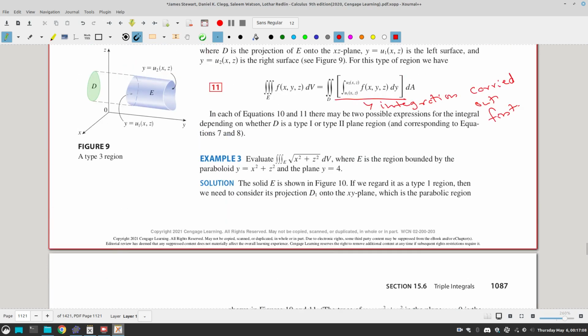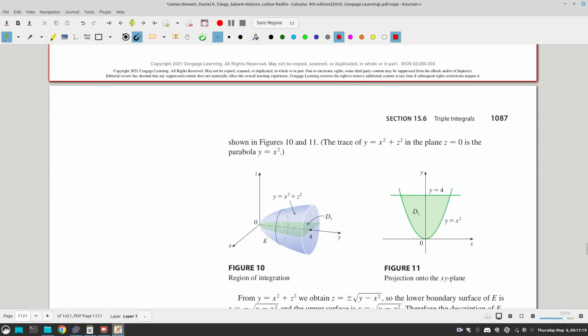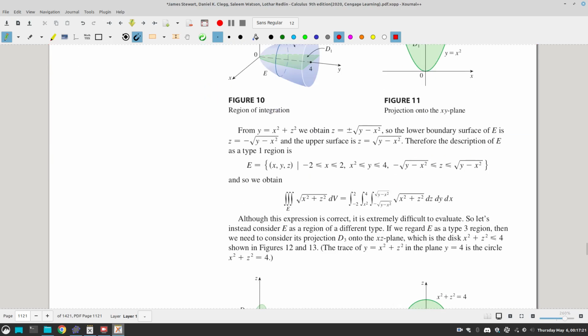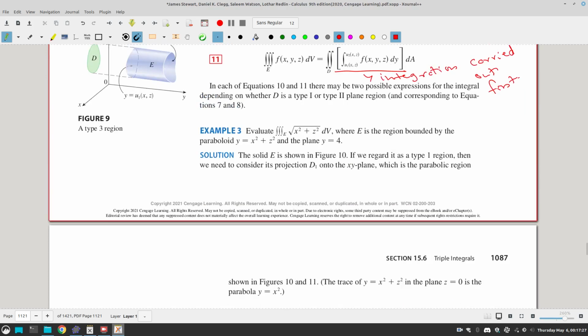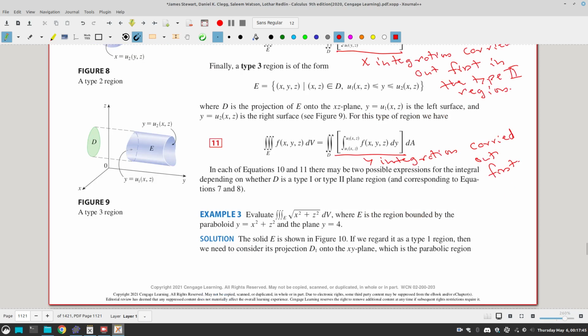Okay, let's look at an example. In this example, we're integrating x squared plus z squared, where E is the region bounded by the paraboloid y equals x squared plus z squared and the plane y equals 4.